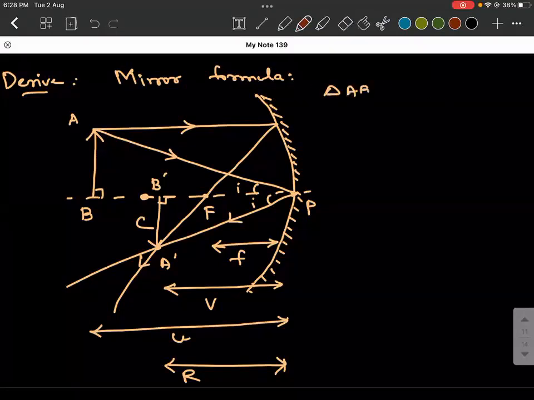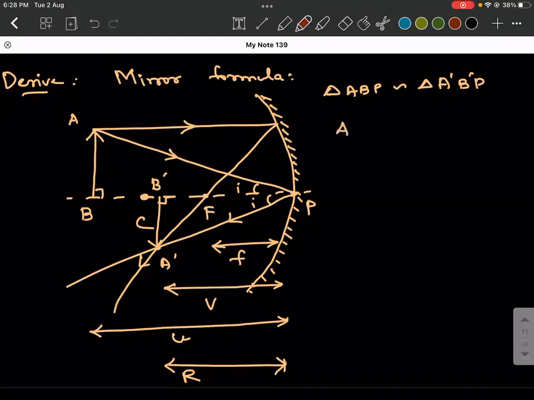So triangle ABP is similar to triangle A dash B dash B, where B and B dash have 90 degrees and angle B is the same. So according to the AA criterion, they both are similar.